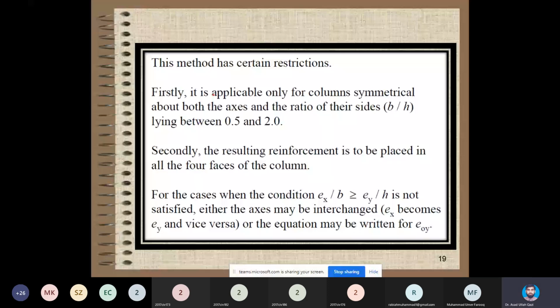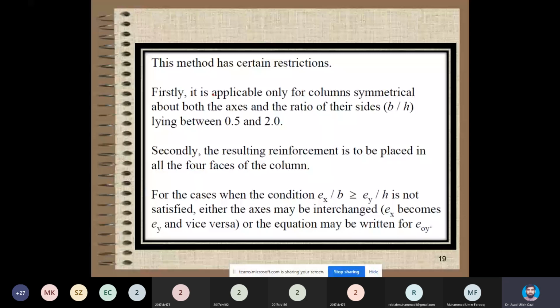So use this moment and axial force and consult the design aids available for short columns under uniaxial bending. Select them based on your gamma, fc prime and fy.